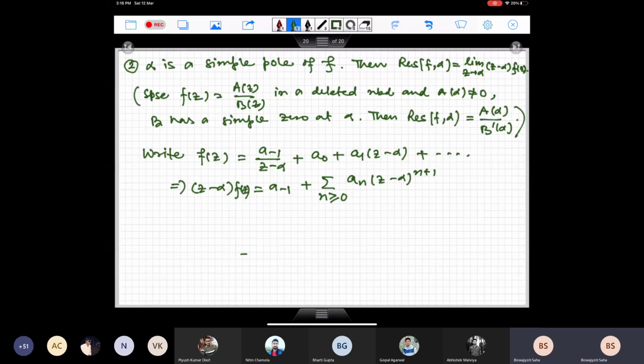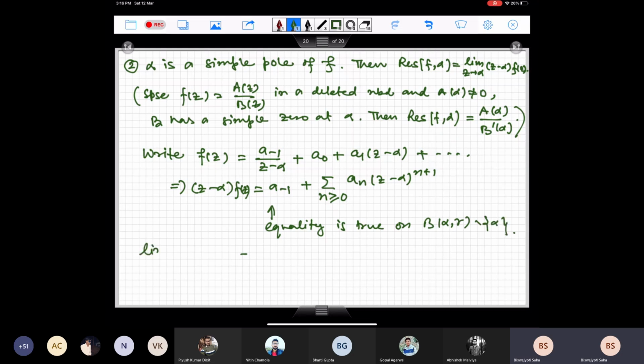Now this is what I get, and this equality is true on the deleted disc around alpha.